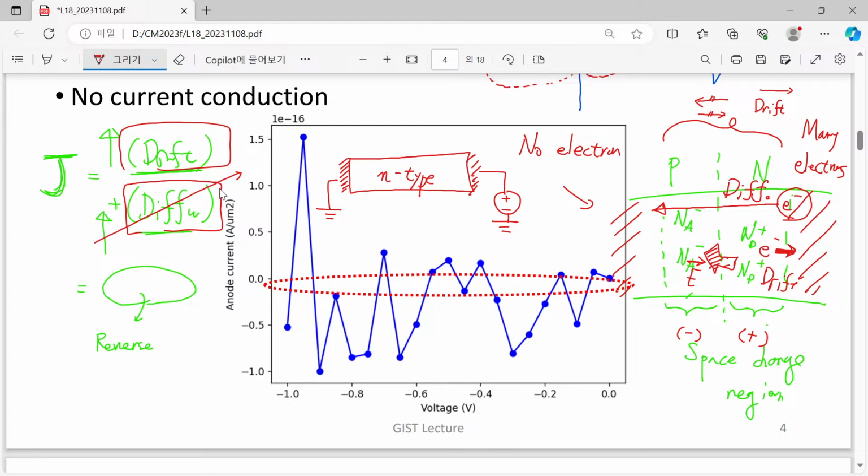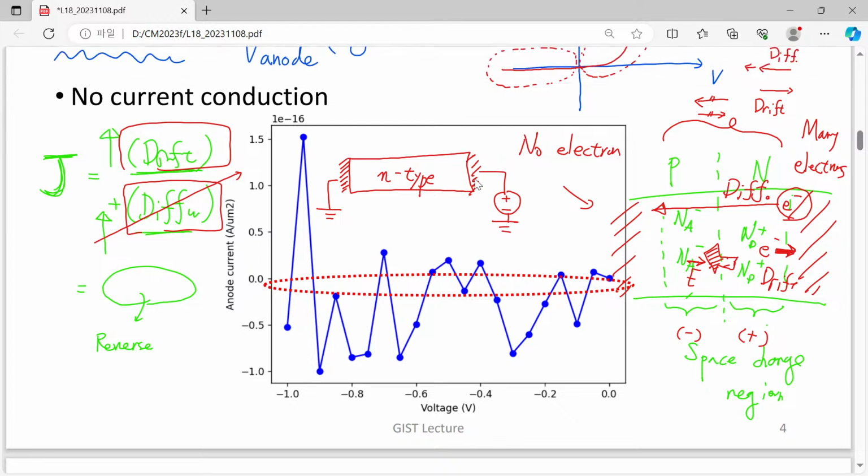Okay, so now in this case, when you apply positive voltage or negative voltage to your anode contact, then only the diffusion will determine the current, and this drift term can be calculated quite easily.